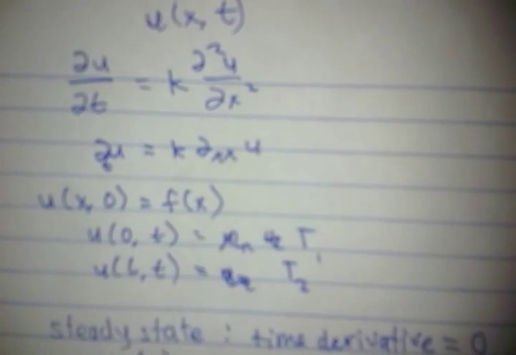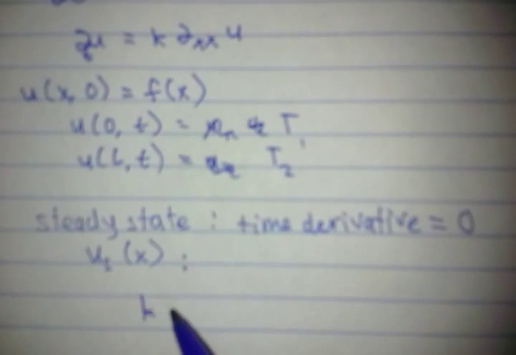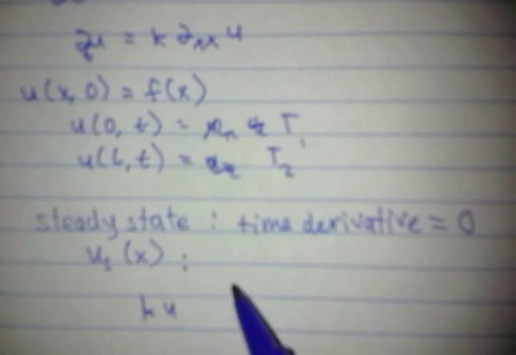if we're doing steady states, then we have k times u. Oh, I did not make this convenient for myself. From now on, we're talking about u sub s, and it is equal to 0.